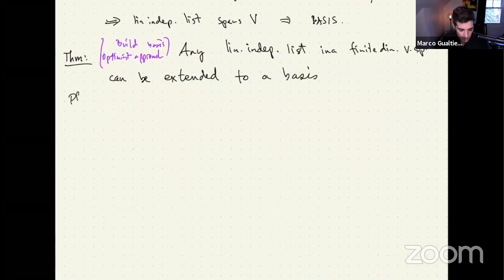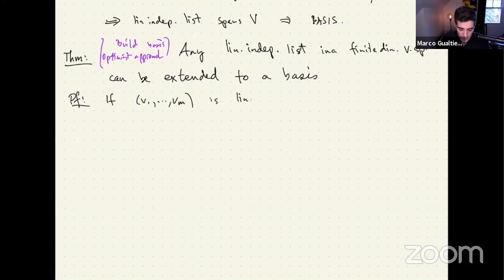So the proof of this is that, let's say that you start with a list. If V1 up to Vm is linearly independent, then we need to grow it. So where are we going to get these extra vectors? Well, we need to use somewhere the fact that the vector space is finite dimensional.